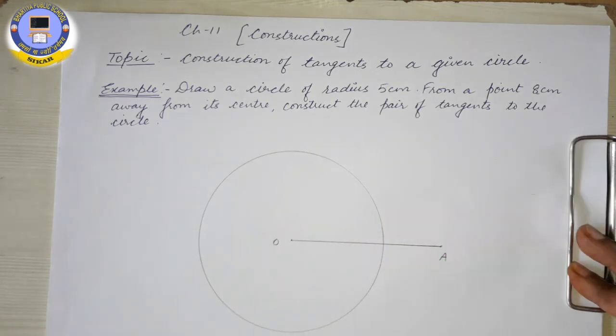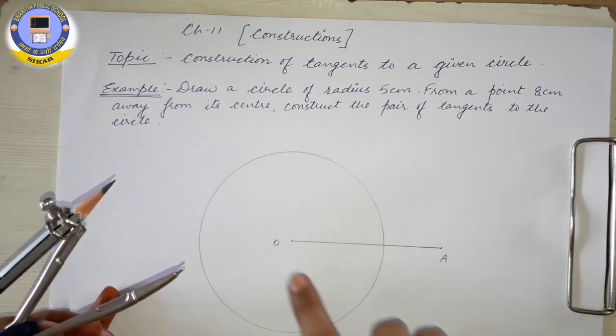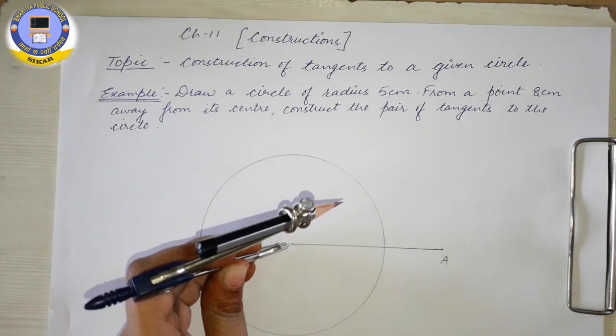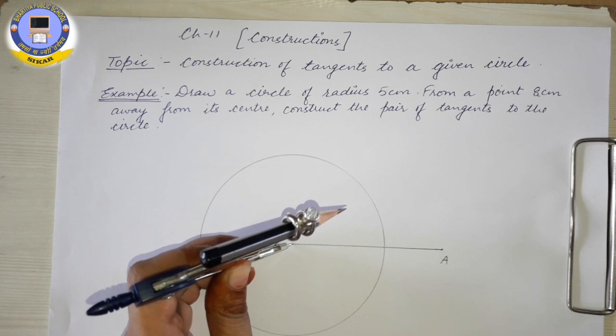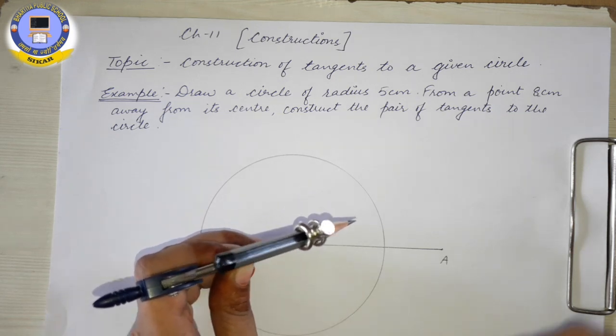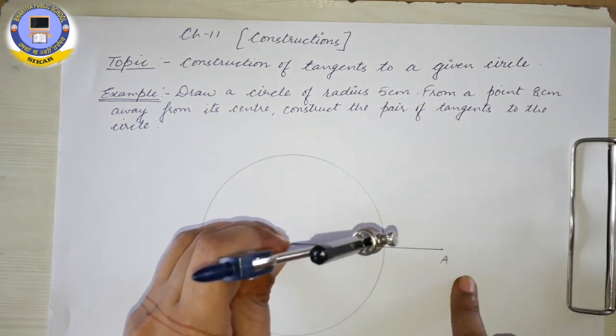Now, to draw tangents to the given circle, our next step is to draw the perpendicular bisector of OA. Now see how to draw a perpendicular bisector. Have you remembered how?